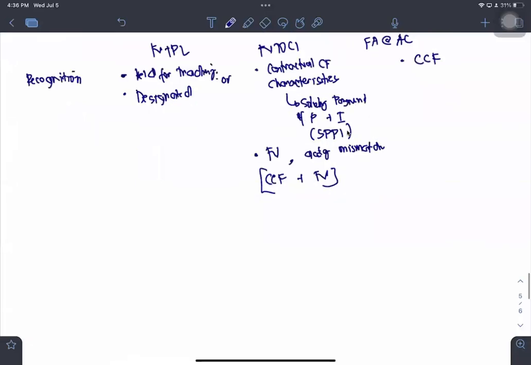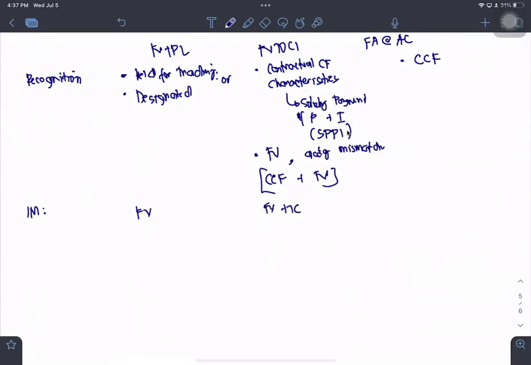That is our recognition. Once we can determine whether it is FVTPL, FVTOCI, or amortized cost, then your next problem is your measurement. So how do we initially measure FVTPL, FVTOCI, and amortized cost? Under FVTPL, it is measured at fair value only.